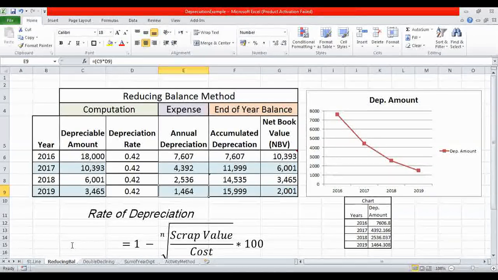But as the plant, equipment or machine becomes old, they are not that efficient, so they cannot produce that amount of units. So these are the methods.